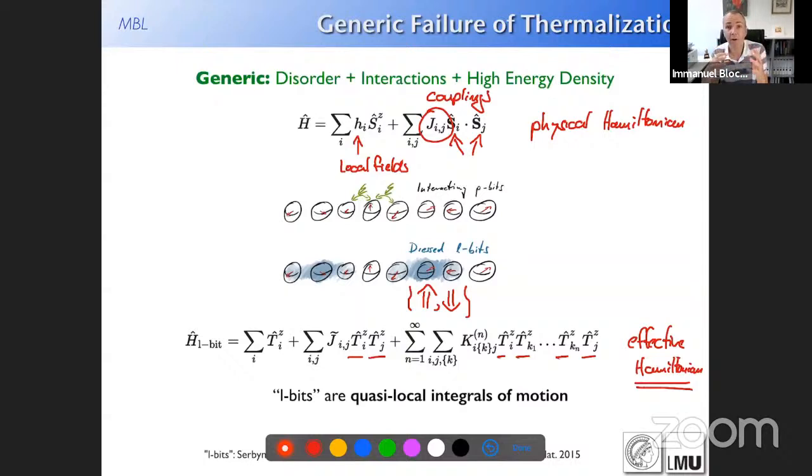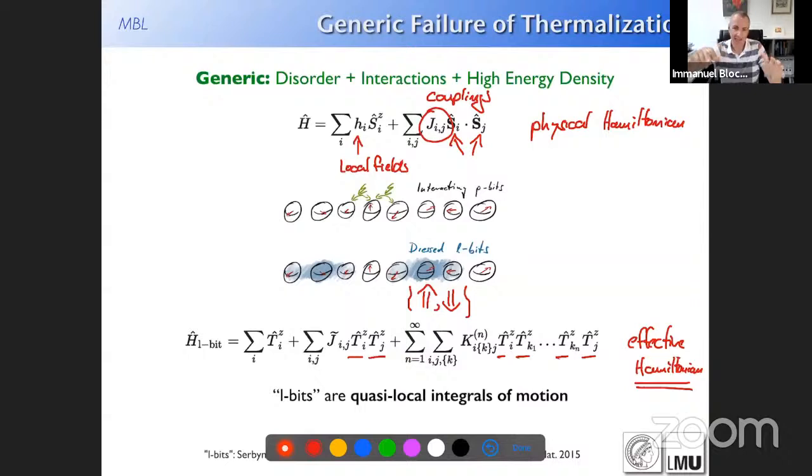And it's made out of a superposition of these physical qubits. What's also important to remind yourself is that these L bits basically have exponential support on the physical qubits in the localized phase. So if you think of how many physical qubits make up one of those L bits, it turns out the weight of these physical qubits decays exponentially with distance.